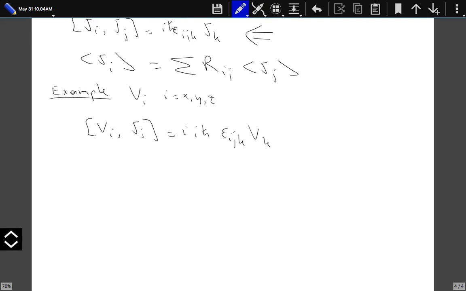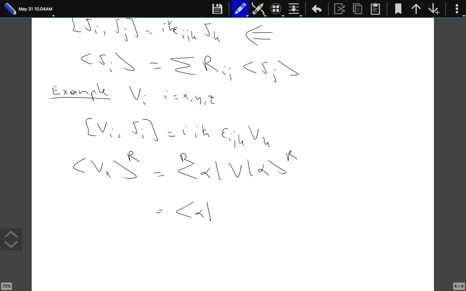And let's look at how the expectation value of Vx changes under rotations. Well, this is equal to alpha-rotated V alpha-rotated. These rotated kets, we can just write as the rotation operator D acting on them.